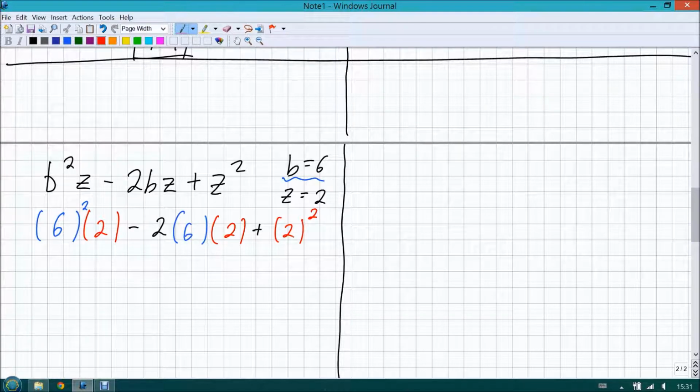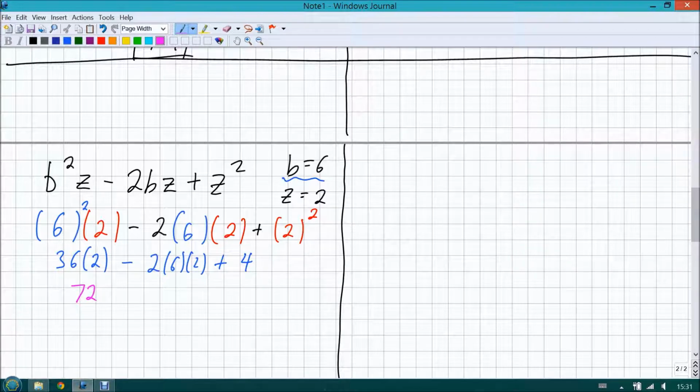Now I do my order of operations. 6 squared is 36, so this becomes 36 times 2 minus 2 times 6 times 2, and then plus 2 squared is 4. Now I do the multiplication. 36 times 2 is 72.